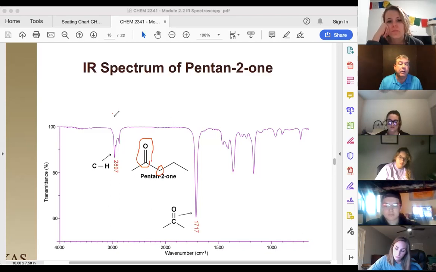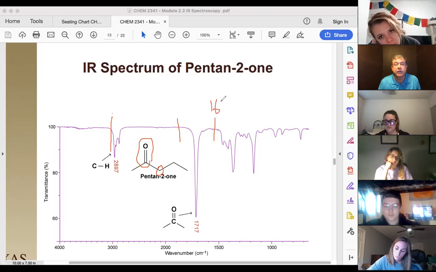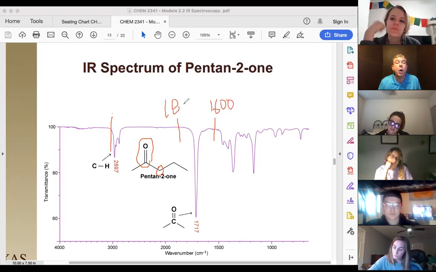Now notice right here, these are our carbon hydrogens and they're below 3,000. So that means they're all aliphatic hydrogens. Now our zone here from 1600 to 1800, that's where we find all of our double bonds: our carbon-carbon double bonds, our carbon-oxygen double bonds, and our carbon-nitrogen double bonds. And so we have a nice strong peak.